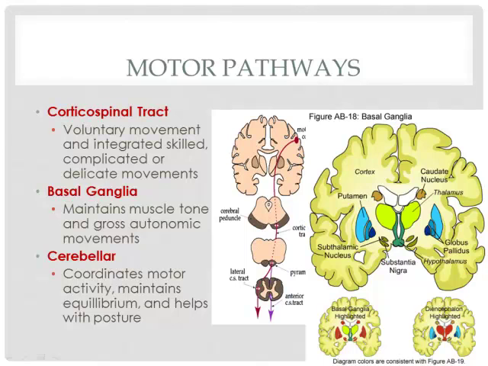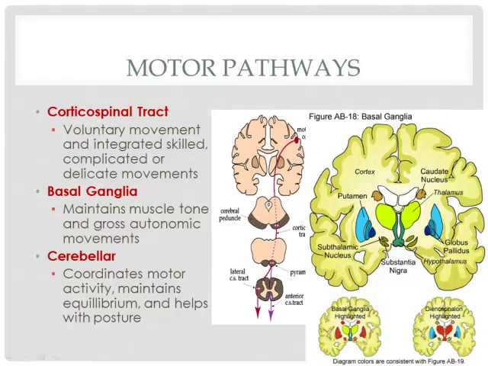The corticospinal tract is probably the most important, because it helps us with our voluntary movement and integrates much of our skilled, delicate movements, our ability to write, our ability to walk.